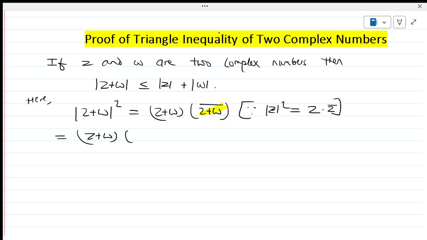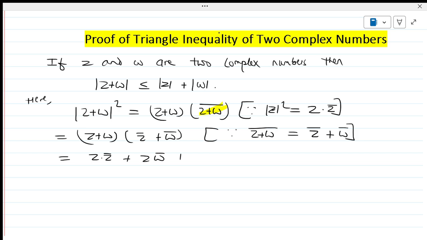So here you write z conjugate plus w conjugate, and it follows by the property that the conjugate of the sum of z and w equals the sum of the individual conjugates of z and w. And after that we expand it, so z into z conjugate plus z into w conjugate plus w into z conjugate plus w into w conjugate.